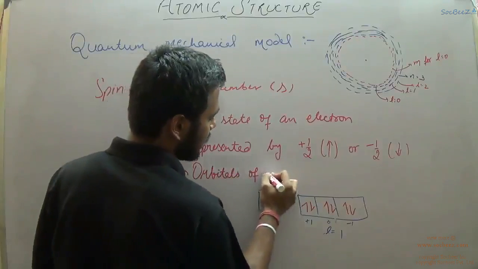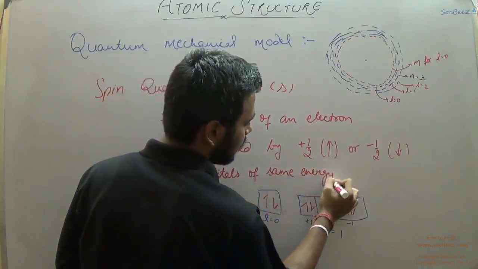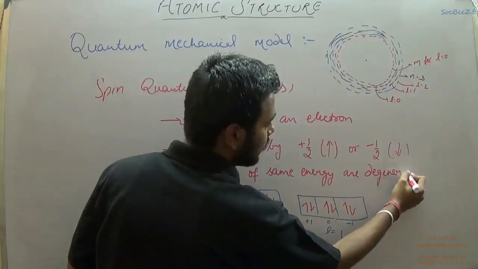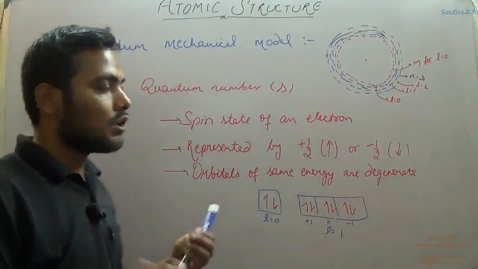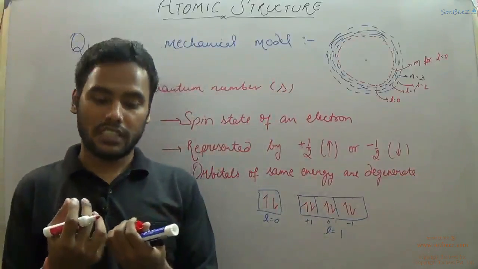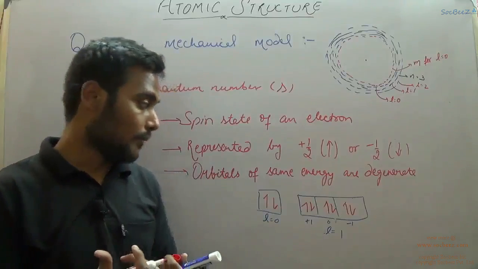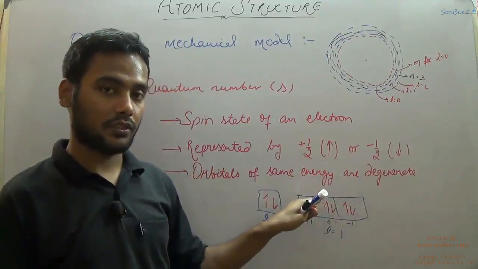If any 2 orbitals have the same energy, then we say that the orbitals are degenerate. Now, in this case, 3 orbitals are degenerate.